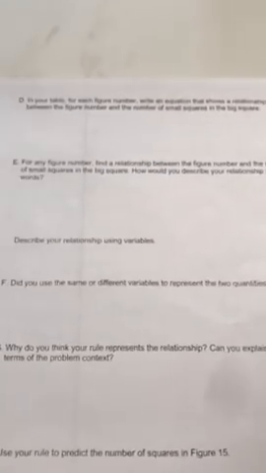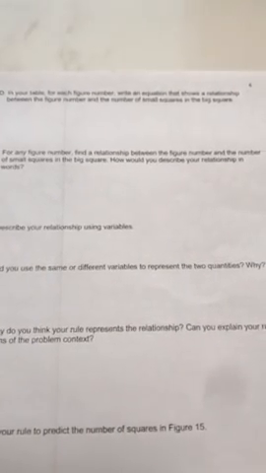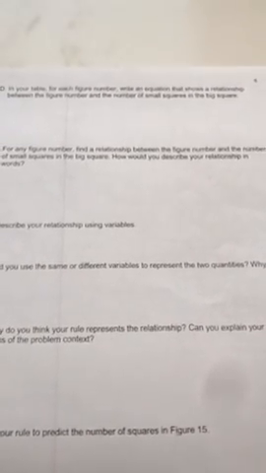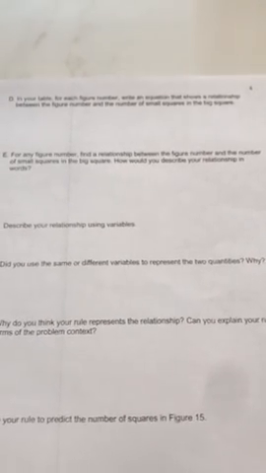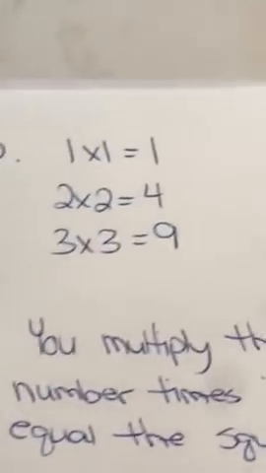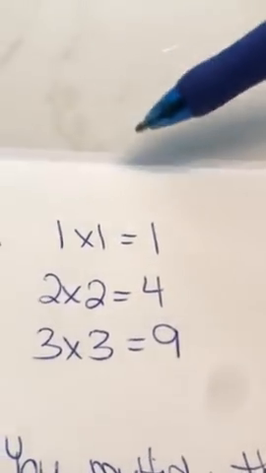Okay, all right. For D, it's going to say, in your table for each figure number, write an equation that shows a relationship between the figure number and the number of small squares in the big square. So it's just wanting you to take it and write them in equations to prove that our rule was correct. Okay, so for example, for D, here are my equations to prove that rule.